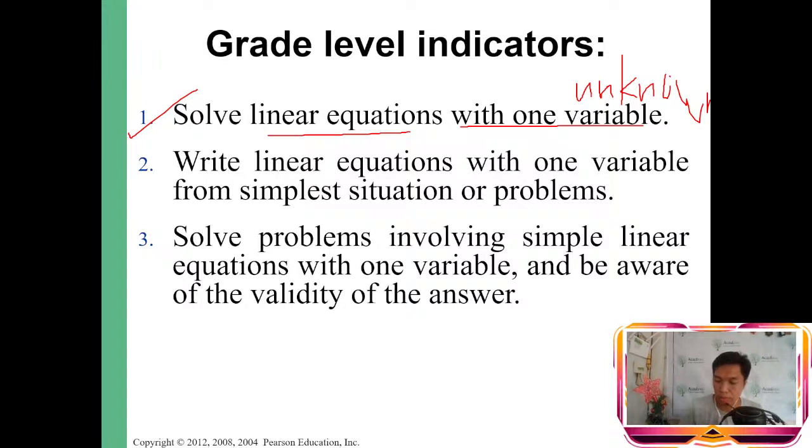Here we're going to look at this one. Write linear equations with one variable from simplest situations or problems.